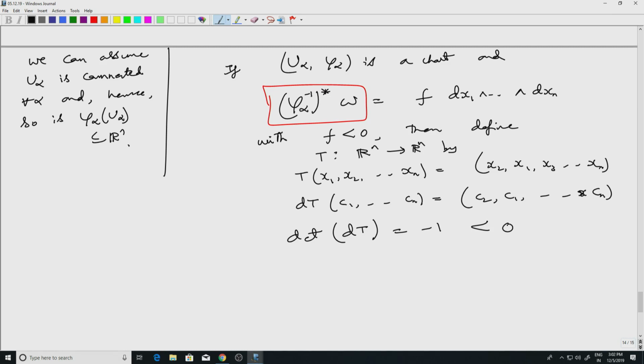Then let phi tilde alpha be, first phi alpha and then compose with this T. Now let's see what the pullback form looks like. When I do the inverse, already the order gets switched.